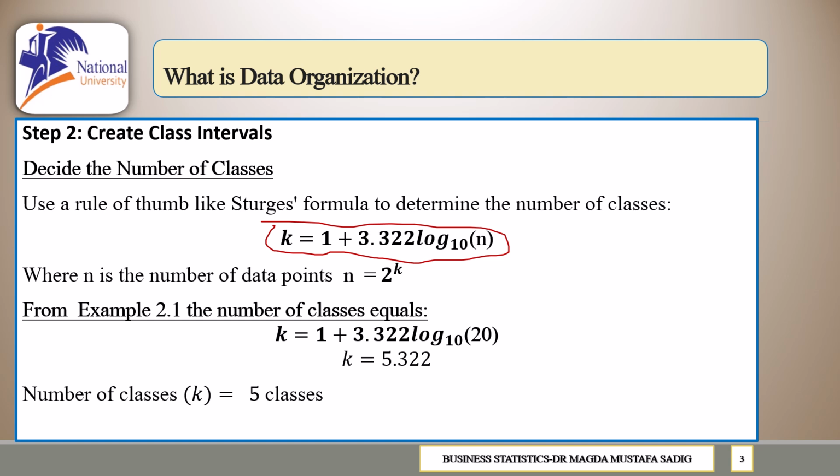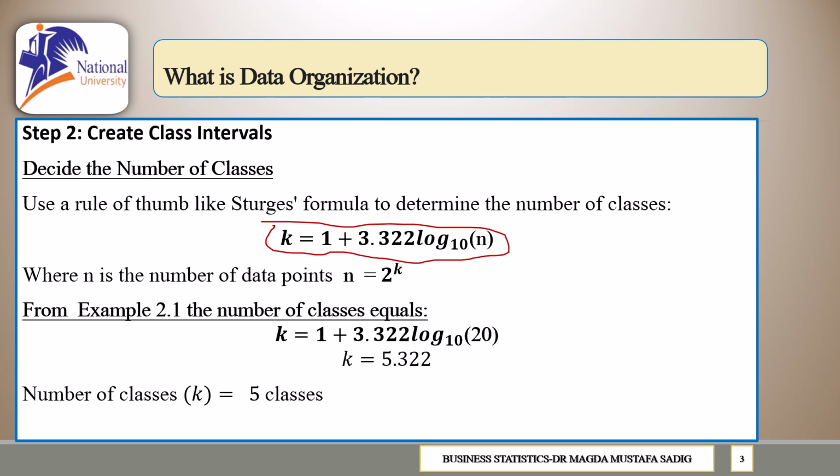The formula gives only an approximate answer. We usually round the result to the nearest whole number. This ensures that our frequency table remains easy to read.